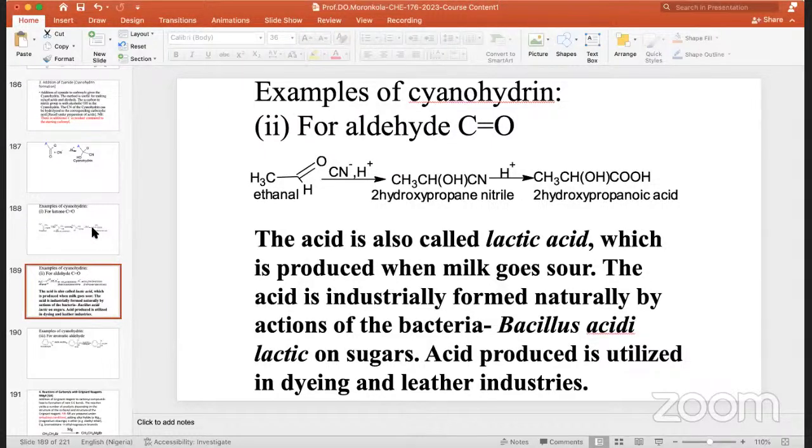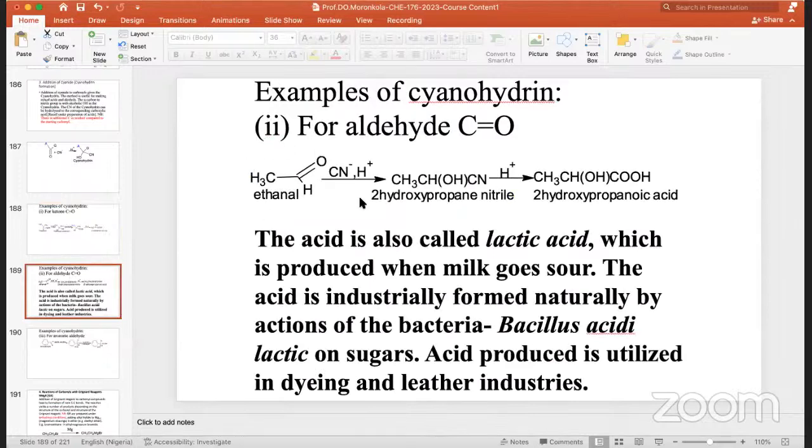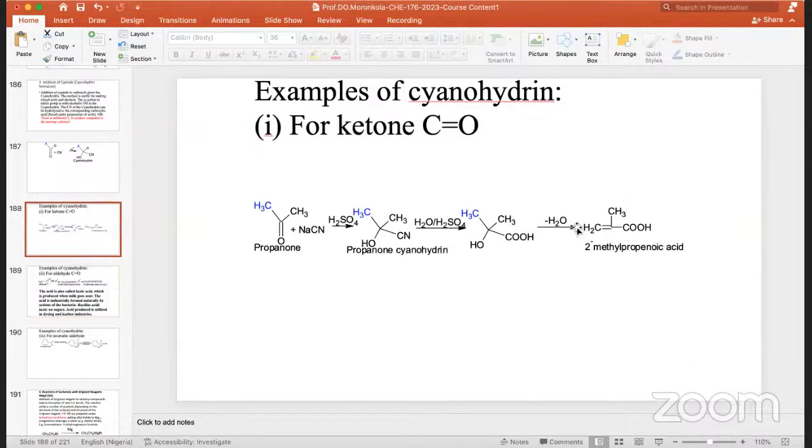So that is it being formed here, the 2-hydroxy acid. That is for this example. But before I go there, dehydration of this acid will give 2-methylpropenoic acid, which is an unsaturated acid.